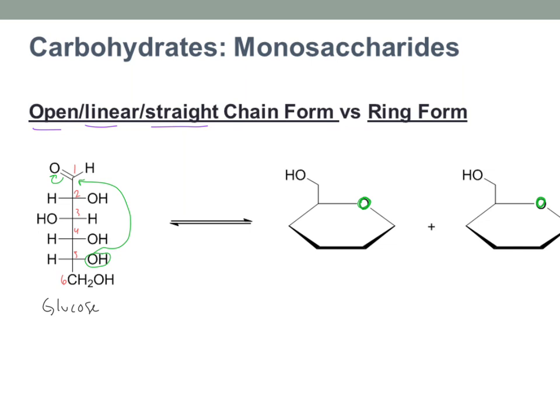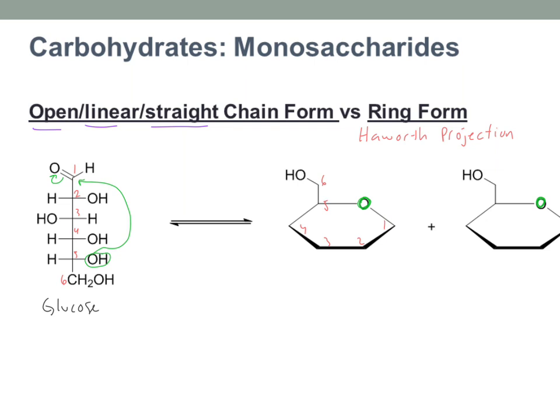And if I transfer the numbering over, what you're going to see always in this type of drawing, which is called the Haworth projection, that's this style of drawing your carbohydrates, is always, always, always 1, 2, 3, 4, 5, and 6. Those are the carbon numbers. Oh, it looks like this one's slid out. That's a bummer.